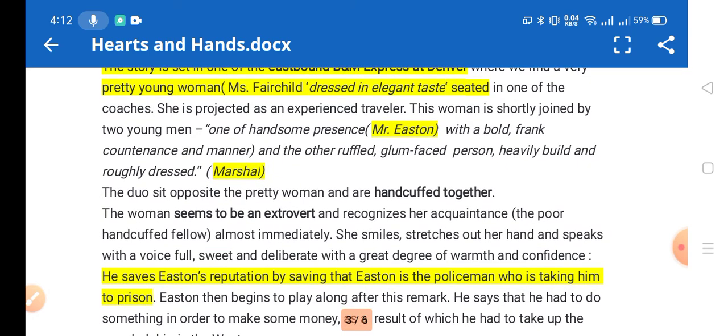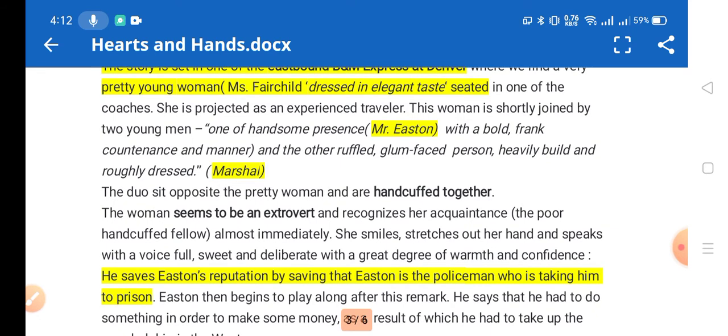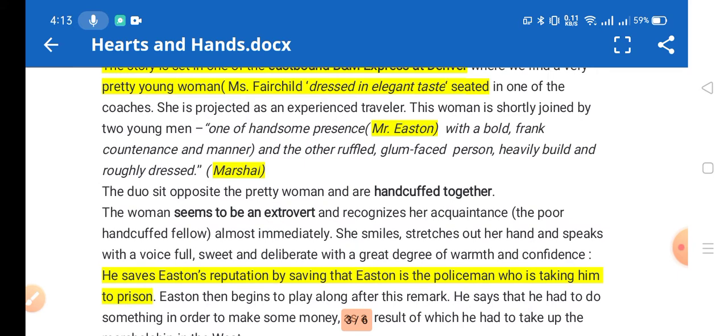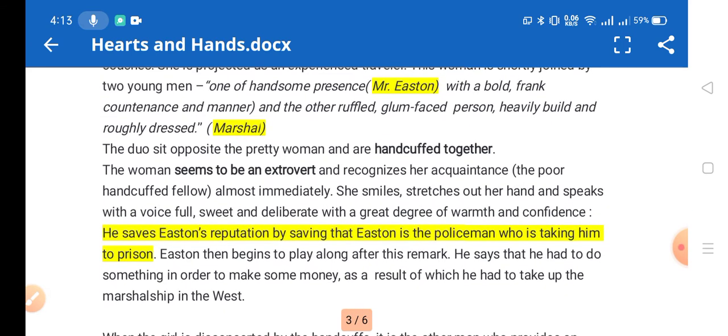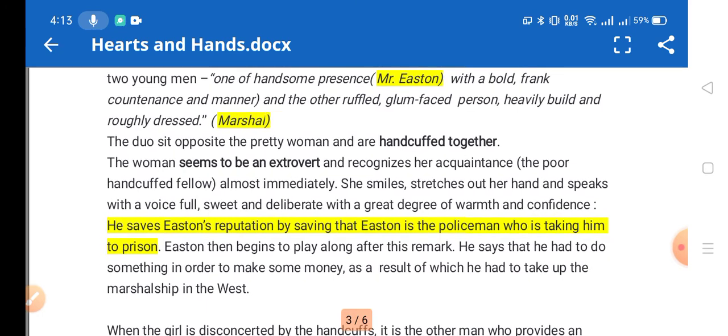And this woman is shortly joined by two young men, and one of them has a handsome presence with a bold frank countenance and manner. So this is Mr. Easton's description. And the other was a ruffled, glum-faced person, heavily built and roughly dressed, and that is Mr. Marshall.